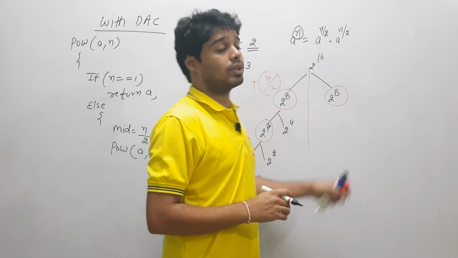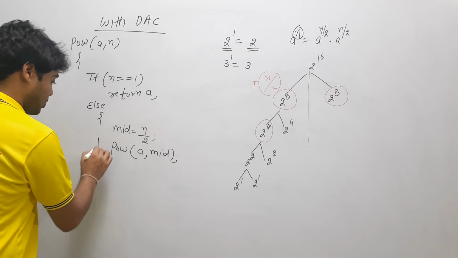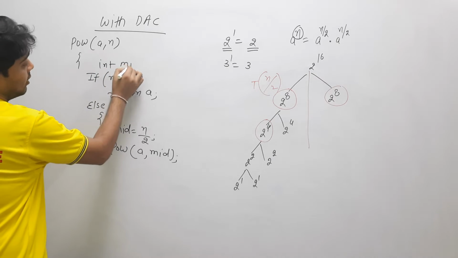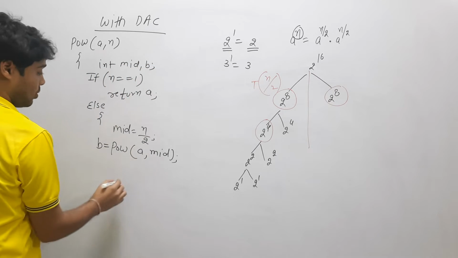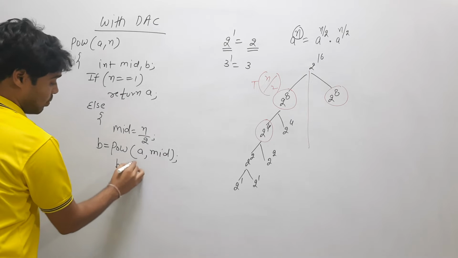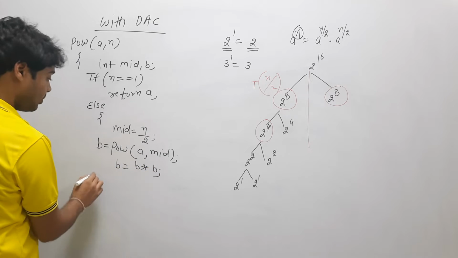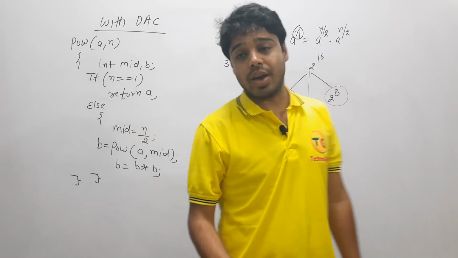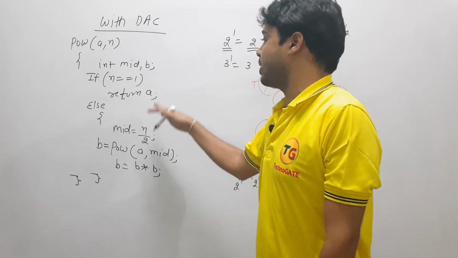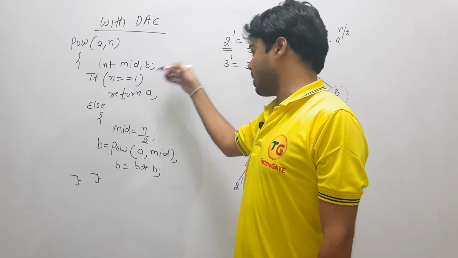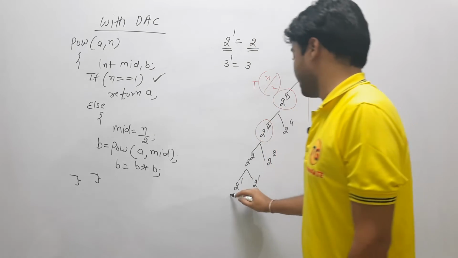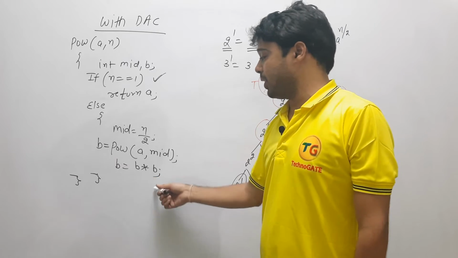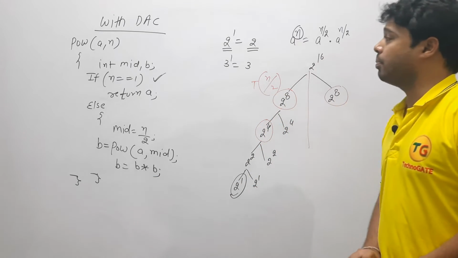So declare an int b equals power of a comma mid, and then b equals b into b. This is divide and conquer. Every time we divide a comma mid, mid being n by 2. When n becomes 1 it returns, and whatever solution we get, multiply it 2 times, b into b.